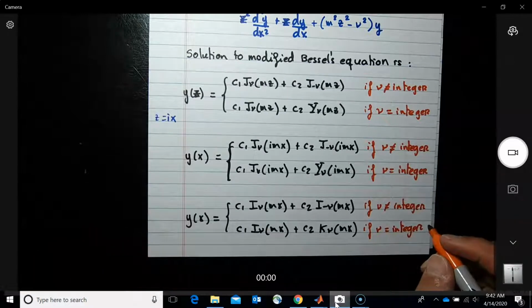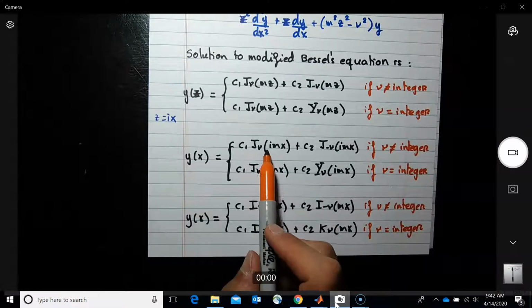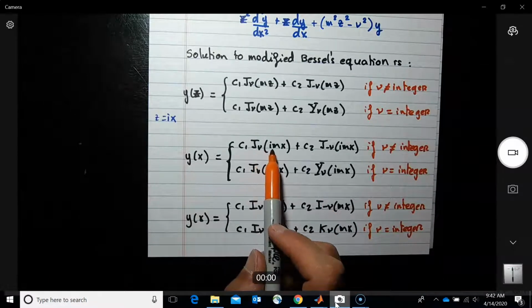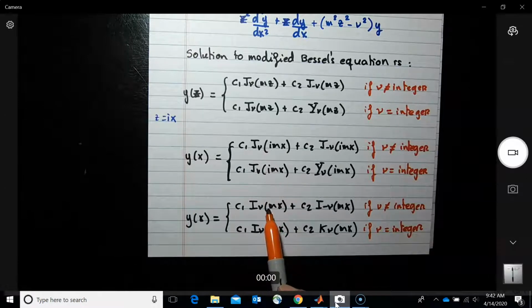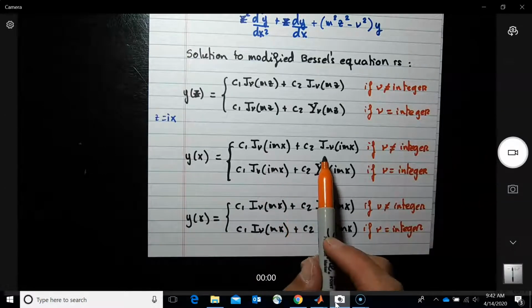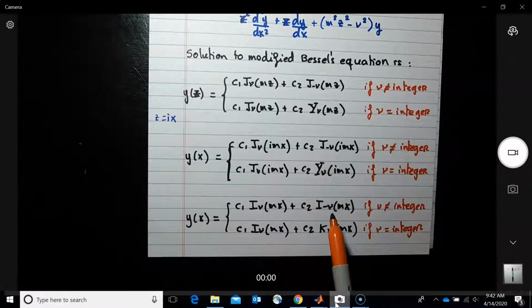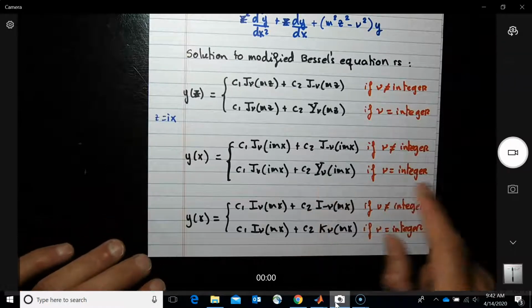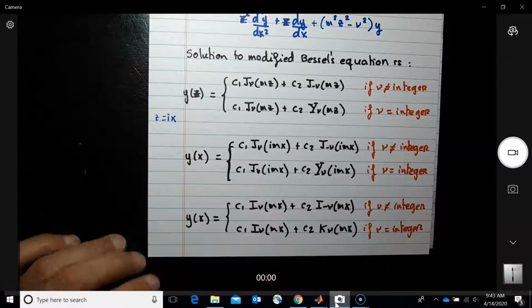So right away, what you see is that this complex function J of mu of imx is equal to I of mu of mx, and J of minus mu corresponds to I of minus mu, and this one is K. So what would be the names of these? I is the modified Bessel function of the first kind of order mu, and K is the modified Bessel function of the second kind of order mu. And then I will show you on a plot what these two functions look like.